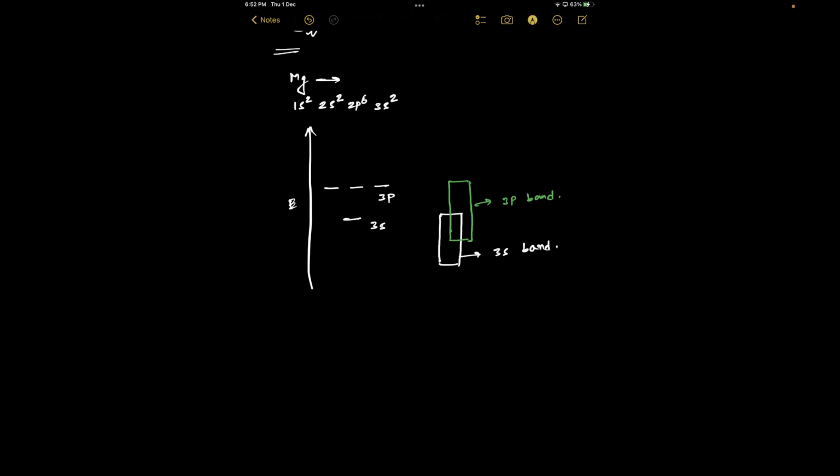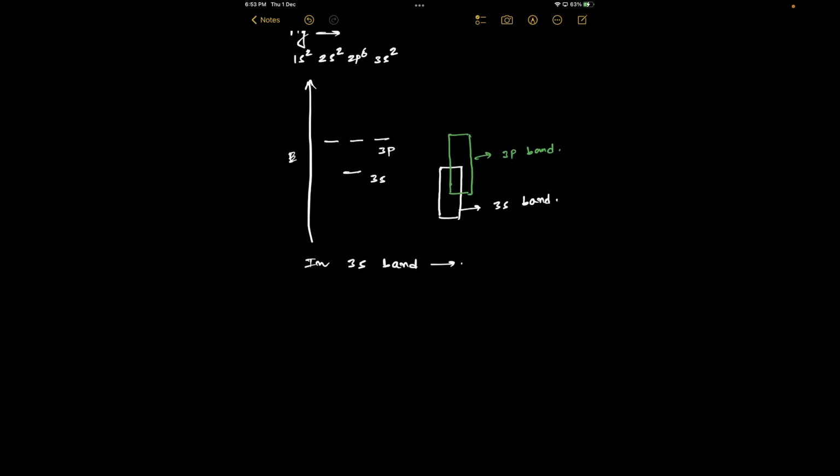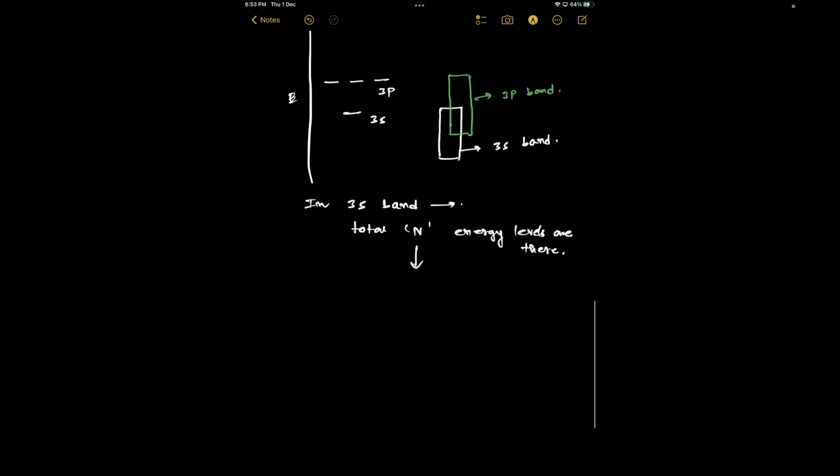Now in the 3s band, let's say n magnesium atoms are overlapping. So in the 3s band a total of n energy levels are there, right? So in n energy levels, a total of 2n electrons can occupy.